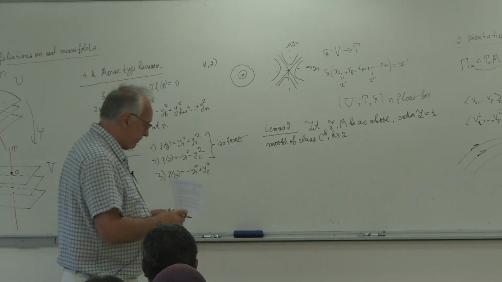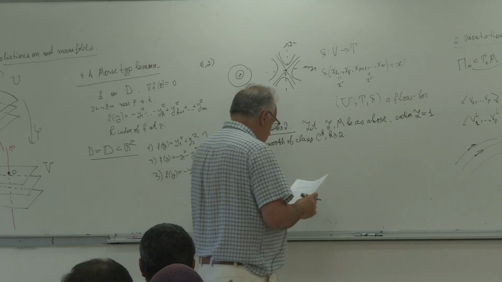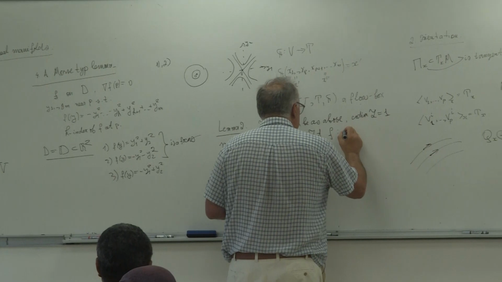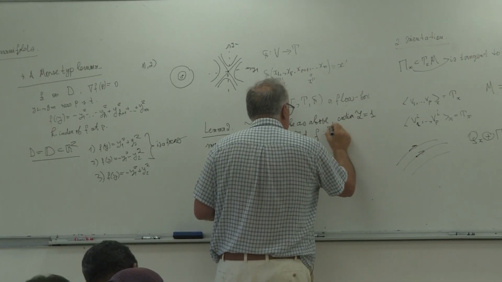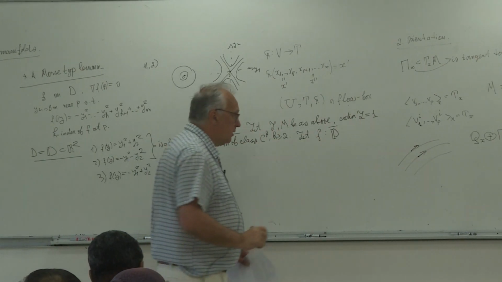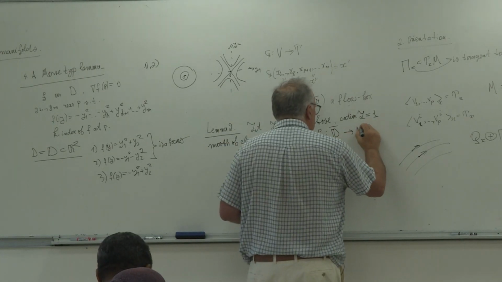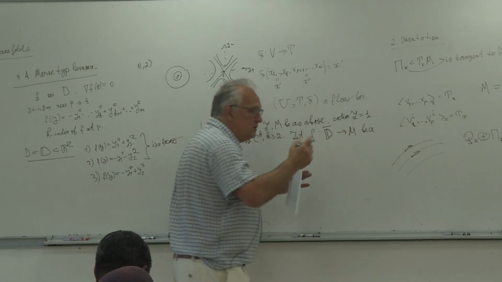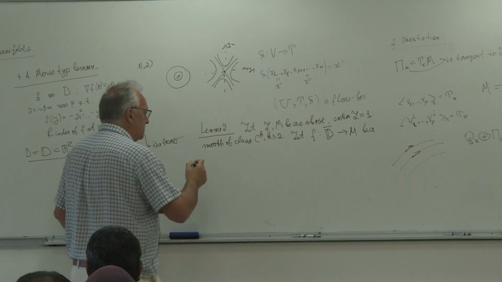Okay. Let F be a smooth map, of class C^k, of course, from the closed unit disk to M.